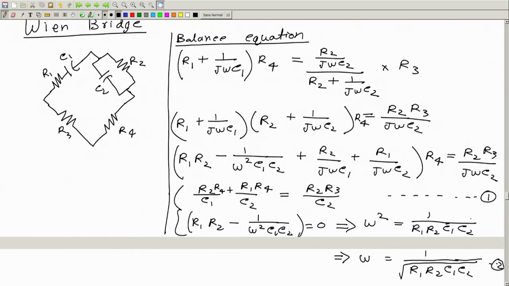But this bridge is used for a completely different purpose. This is not used to measure an unknown capacitor or any unknown impedance.